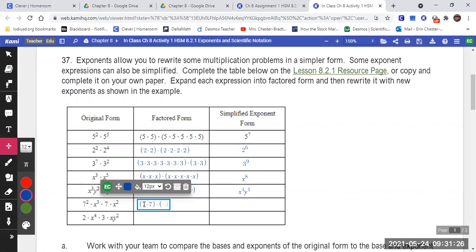Then we have to do the X's. The first X. So this X to the third, how am I going to do that?